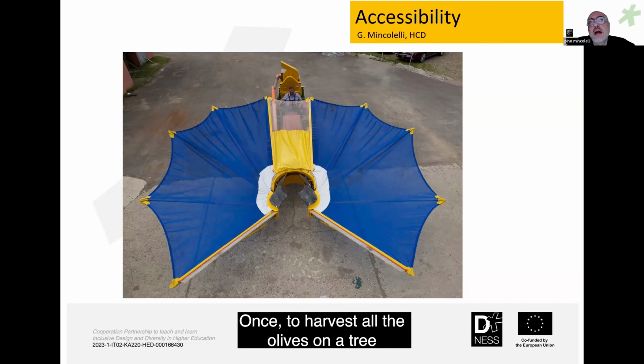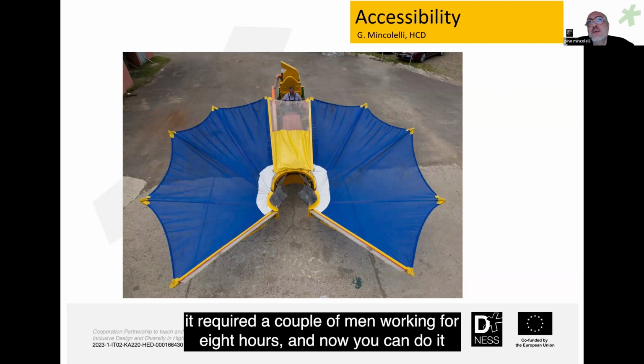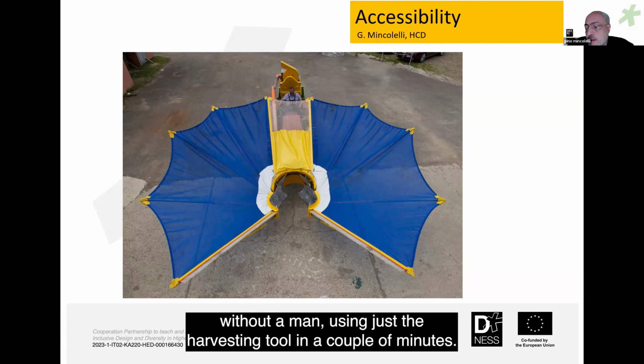Once, to harvest all the olives on a tree required a couple of men working for 8 hours, and now you can do it without a man, using just a driver, in a couple of minutes.